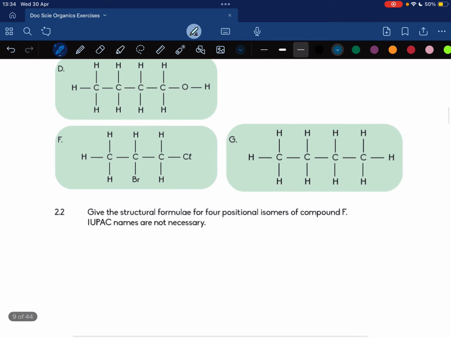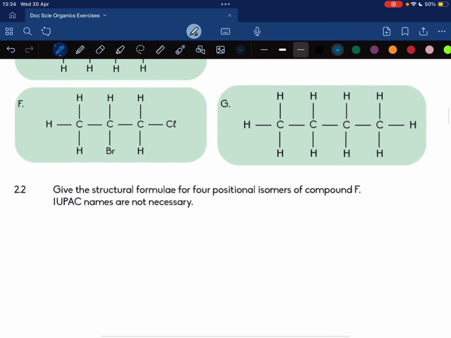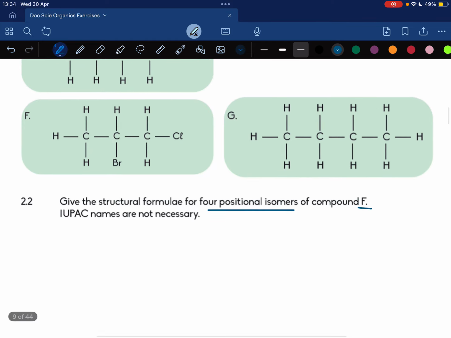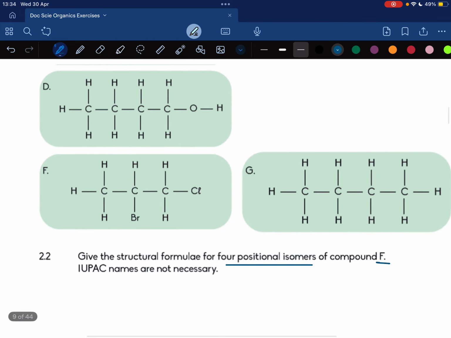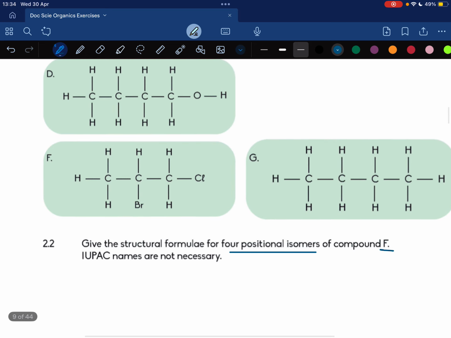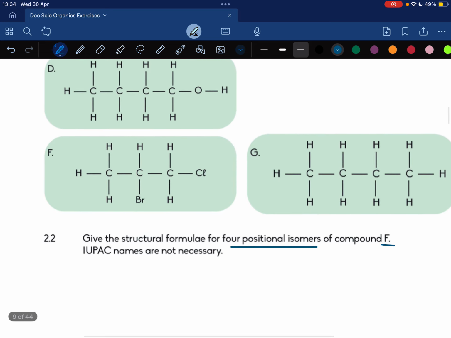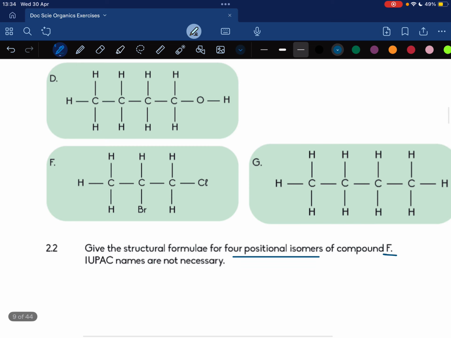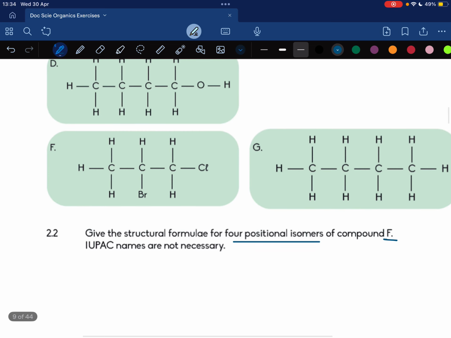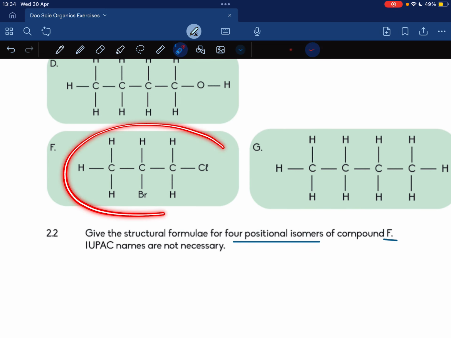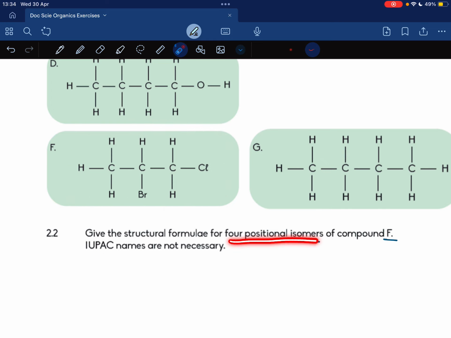So it says, give the structural formula for 4 positional isomers of compound F. The IUPAC names are not necessary. Okay, so compound F is this one here. So they want to know 4 positional isomers.